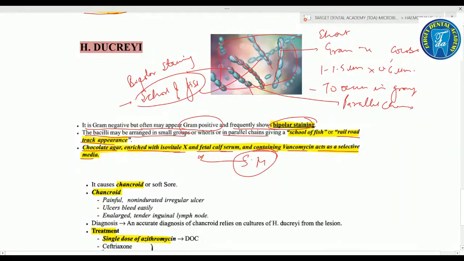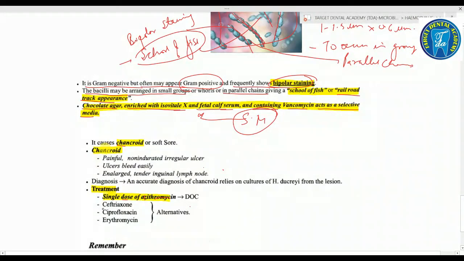It causes chancroid, or the soft sore. These are painful, non-indurated, irregular ulcers which bleed easily, with enlarged tender inguinal lymph nodes. Important.